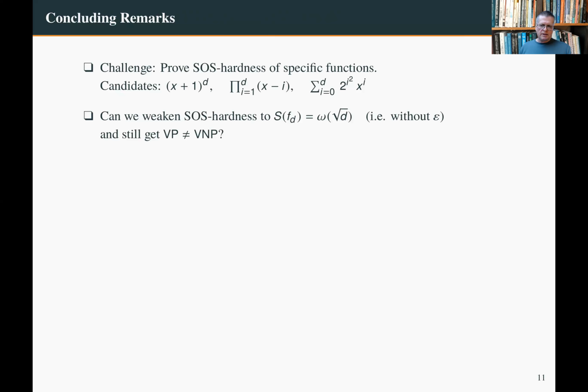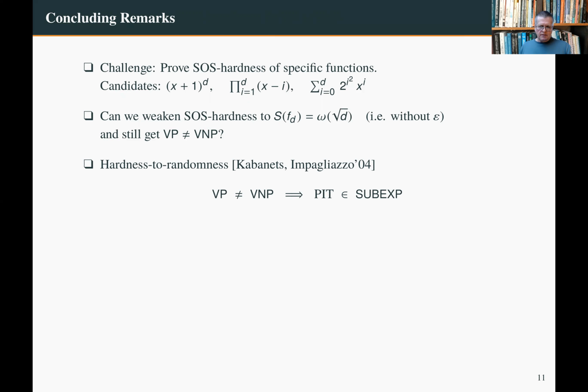Another goal could be to weaken the hardness notion we had, for example, to something like the support size is just growing faster than square root d, without the epsilon. And the question is, can we still show that VP is different from VNP?